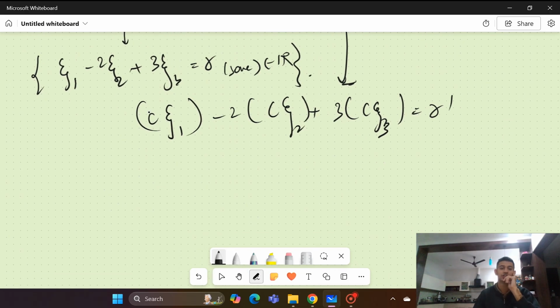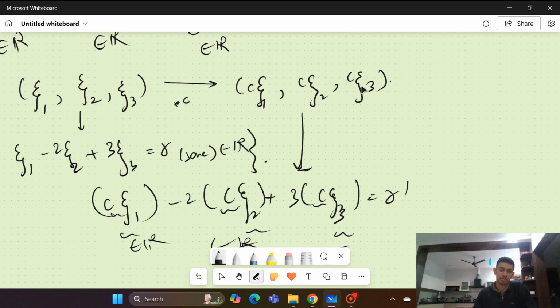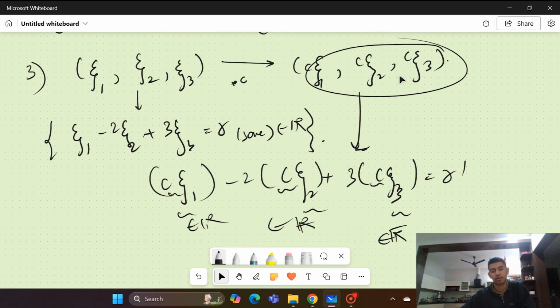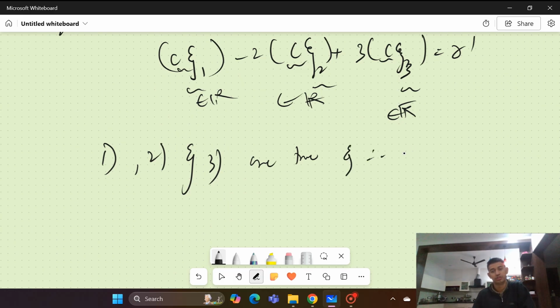Yes, this is true, because if G1, G2 and G3 are real numbers, then multiplying them by another constant will still give a real number, as the real number set is closed under multiplication. So you can always create such a vector for any given C. This is valid, so you can still say that 1, 2, and 3 are true, and therefore C is a subspace of R cube.